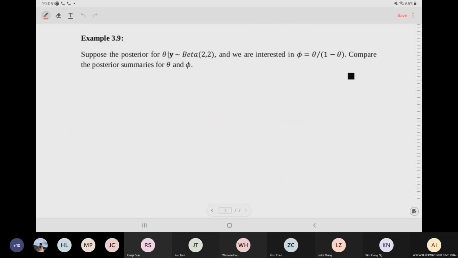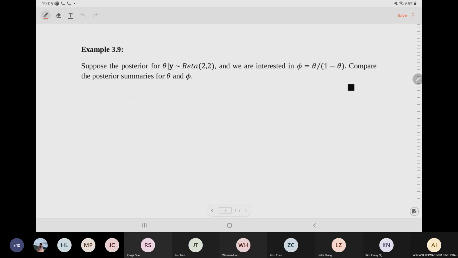So if I have theta with posterior beta 2, 2, and I use my phi, which is theta over 1 minus theta, my phi will have an F distribution with v1 equals 4, v2 equals 4.